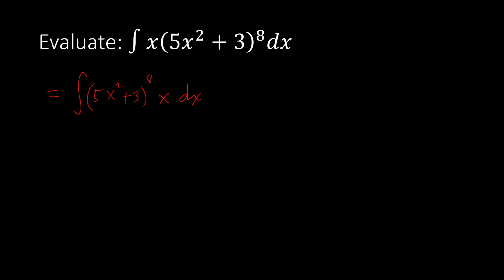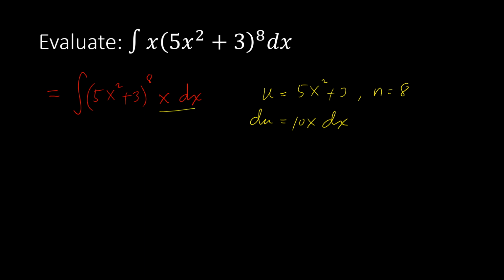So from the integrand, it already suggests what should be our u. u is 5x squared plus 3 and n equal to 8. So just like what we did earlier, we get the differential. du is equal to the differential of 5x squared plus 3, which should be 5 times 2x, or 10x plus 0 dx.